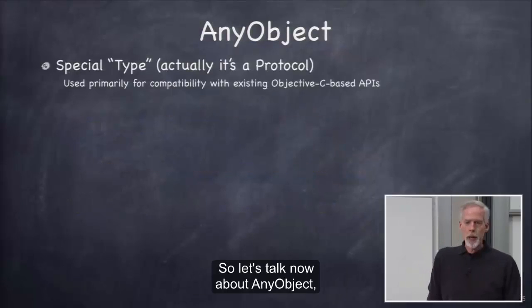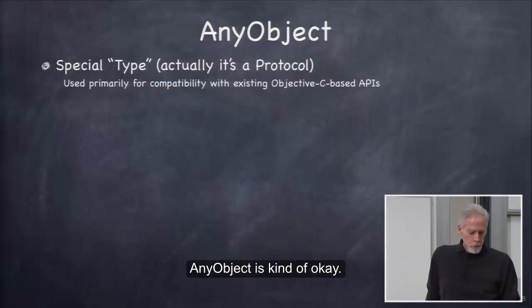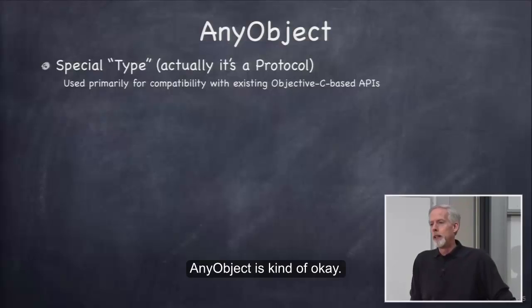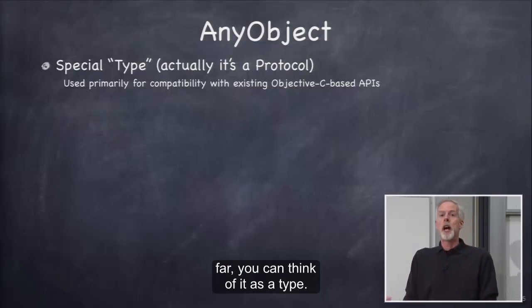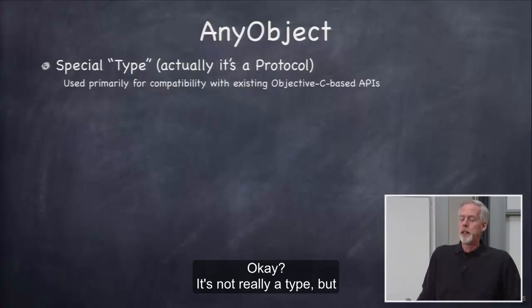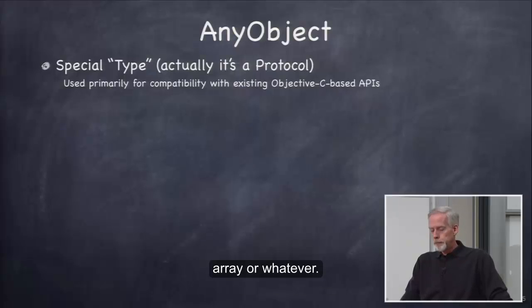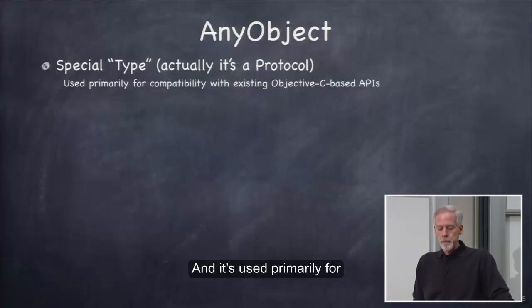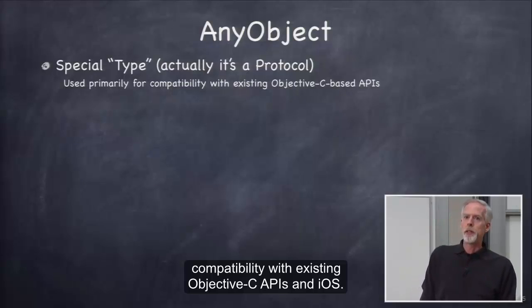Okay, so now let's talk about AnyObject. This was brought up earlier. AnyObject is kind of a, okay, for the purposes of what you know so far, you can think of it as a type, okay? It's not really a type, but you can think of it as a type, like Double or Array or whatever. And it's used primarily for compatibility with existing Objective-C APIs in iOS.